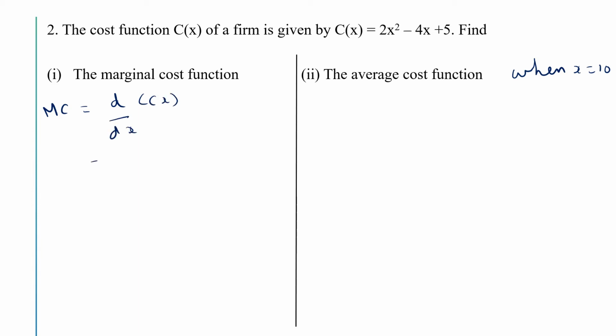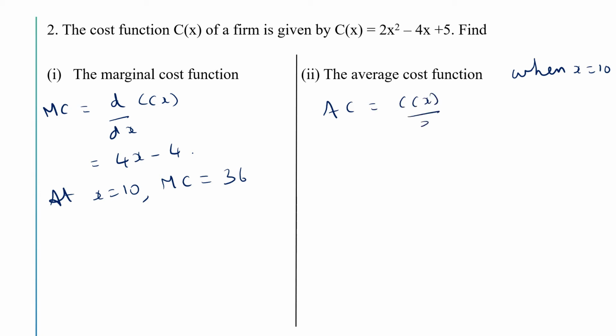So it is equal to 4x minus 4. At x is equal to 10, that is when the level of output is 10 units, then the marginal cost will be 40 minus 4, it is 36.